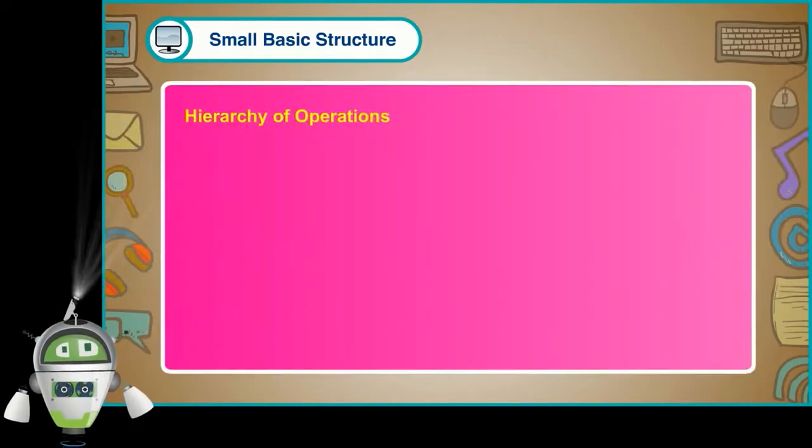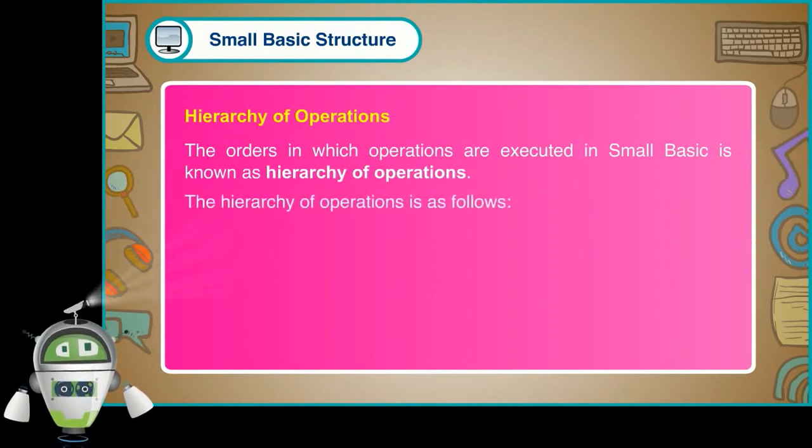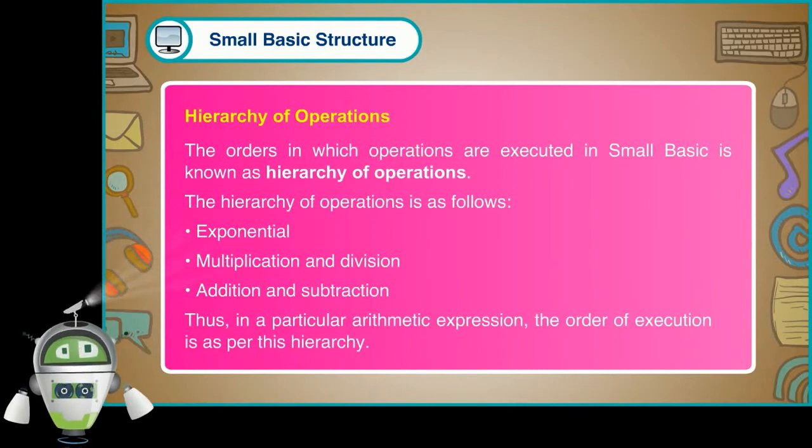Hierarchy of operations. The order in which operations are executed in Small Basic is known as the hierarchy of operations. The hierarchy of operations is as follows: exponential, multiplication and division, addition and subtraction. Thus, in a particular arithmetic expression, the order of execution is as per this hierarchy.